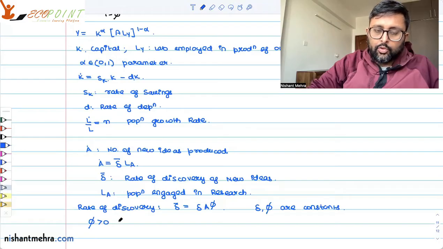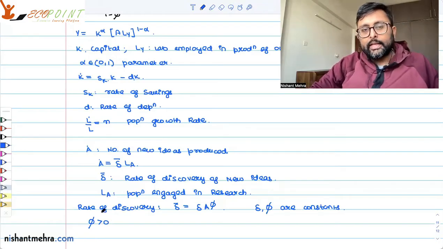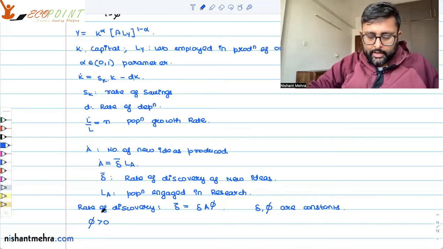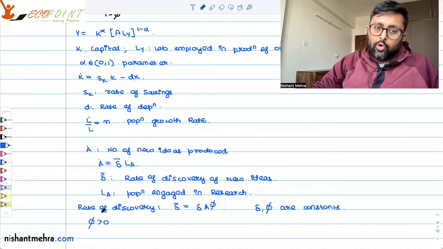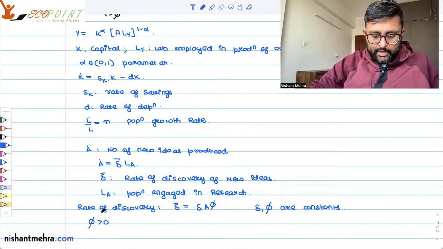Phi greater than 0 represents that the productivity of research increases with the stock of ideas already discovered. So with the stock of ideas already discovered, new ideas are developed again.